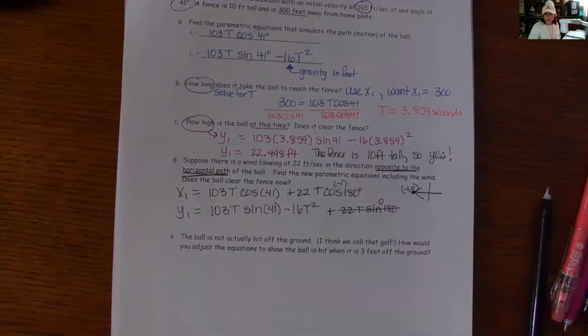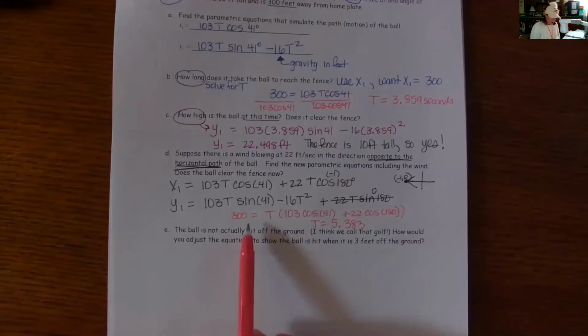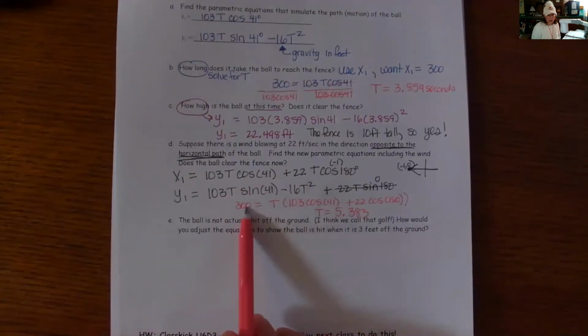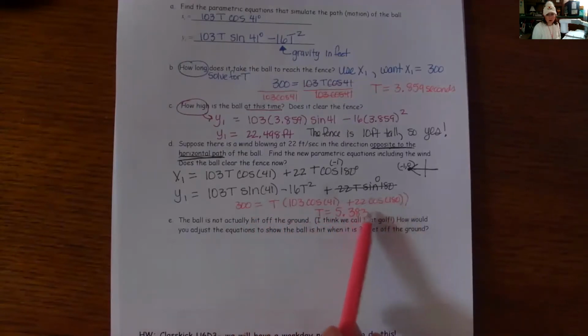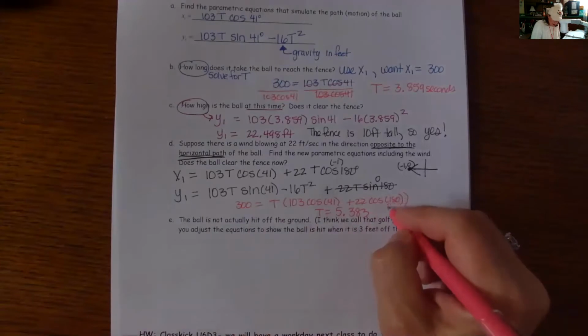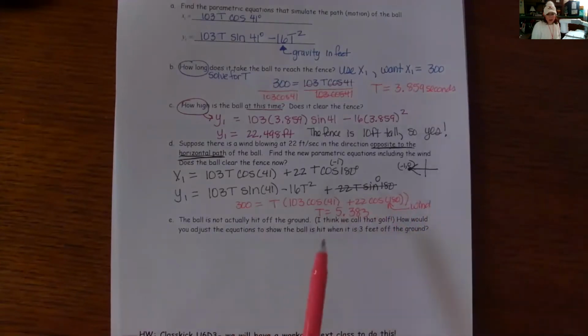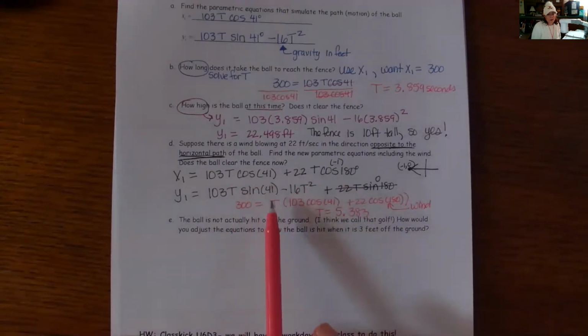Okay, so what we did, because we want to know if it clears the fence, we're going to take 300 and set it equal to our new x, which includes the wind, right? This is wind. We notice that both of these have a t, so we can factor the t out and then divide, and we get 5.383 seconds.